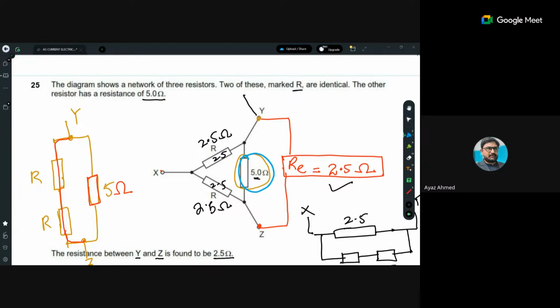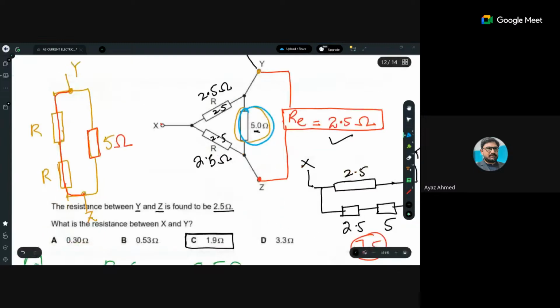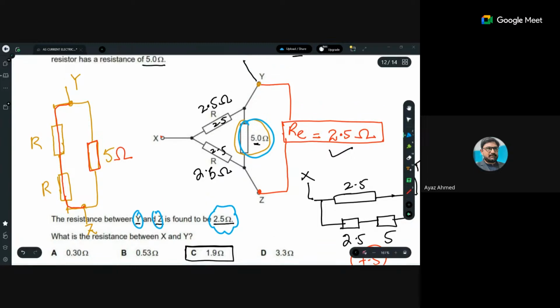These two are R and R. The resistance between Y and Z, that is, between this point and this point, is found to be 2.5 ohm.